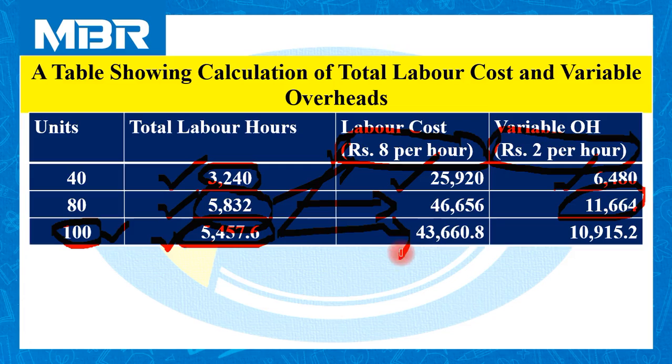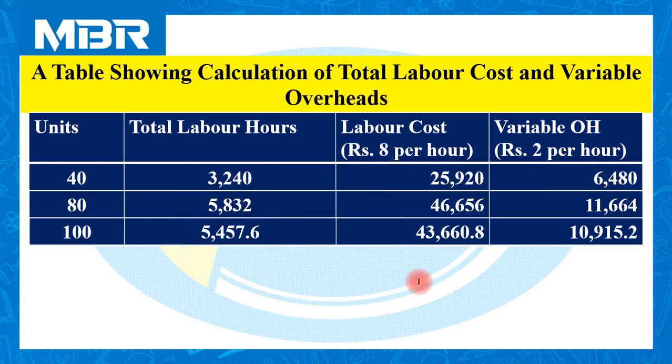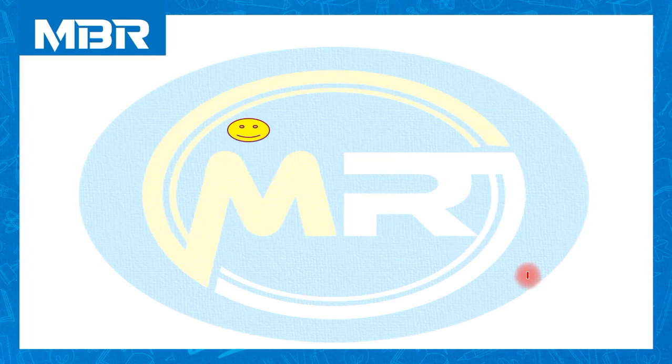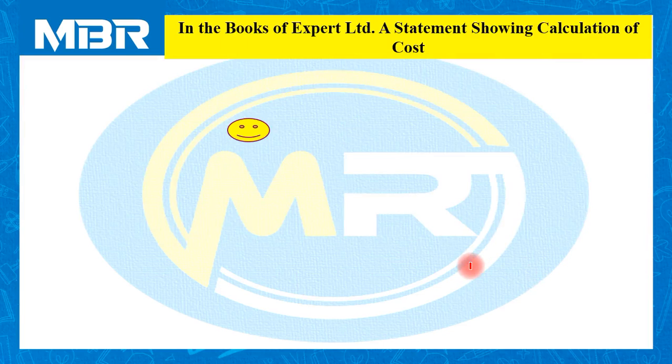So the labor cost is 43,660.8 and variable overheads are 10,915.2. So in this way, we need to calculate labor cost and variable overheads for 40, 80 and 100 units. And using this information, we need to calculate cost per unit. Let us prepare a table showing calculation of cost.